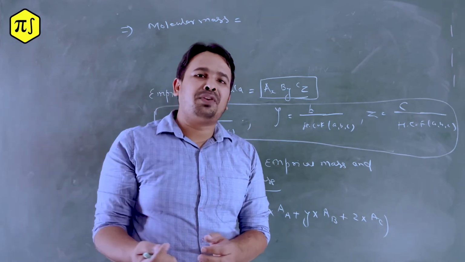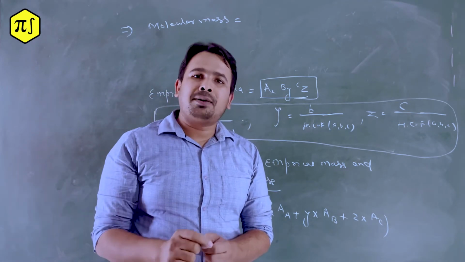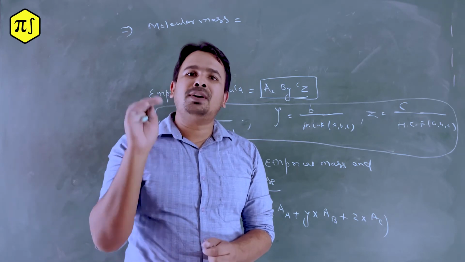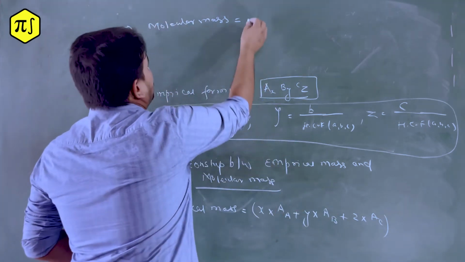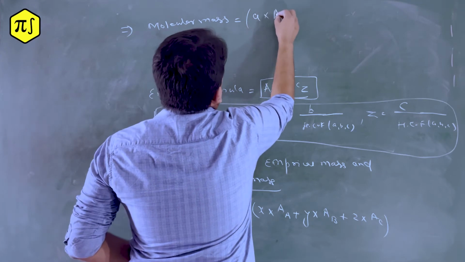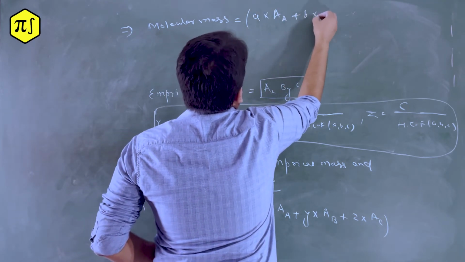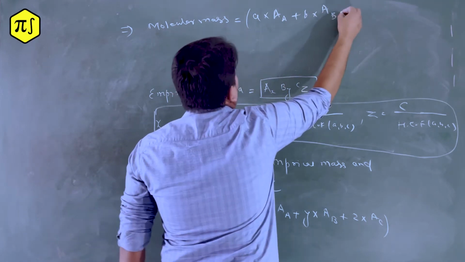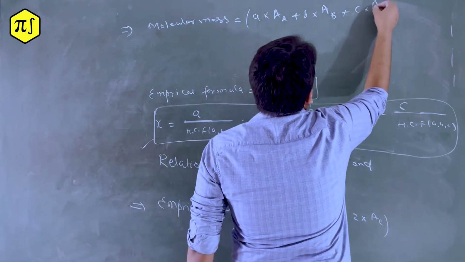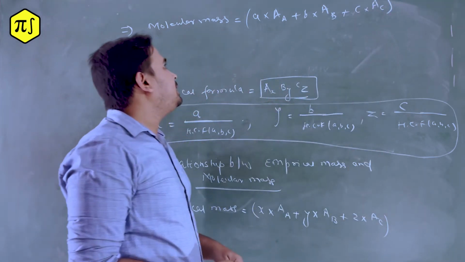Meaning a is the number of atoms of element A, b the number of atoms of element B, and c the number of atoms of element C, right? So a into AA plus b into AB plus c into AC, guys, right?